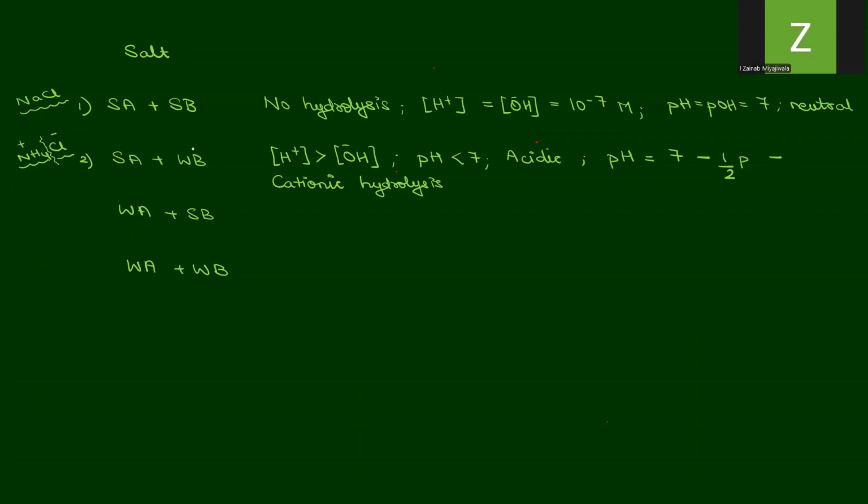Weaker component. हाँ, बेस वीक है, so pKb. ठीक है, तो पूरा ट्रिक के साथ बताया हुआ है.